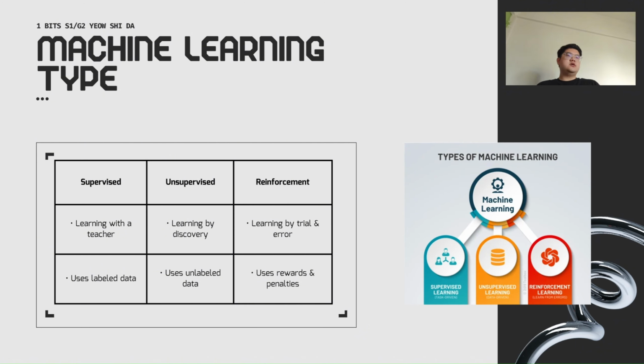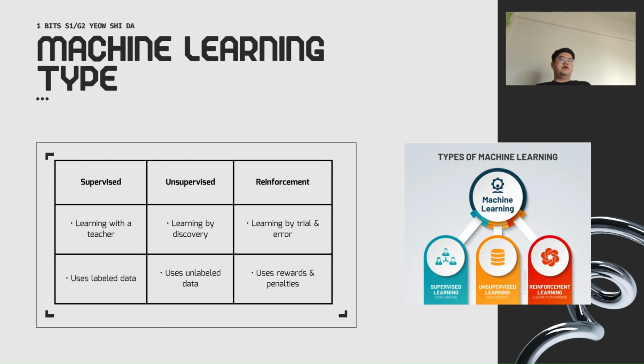Good morning, I'm Shida, and today I'm going to continue the presentation on machine learning types. The first one is supervised learning, where the machine learns with a teacher, meaning it is fed facts and the user gets labeled data. The second type, unsupervised learning, is where the machine learns by discovering new knowledge, and the user gets unlabeled data as a result.